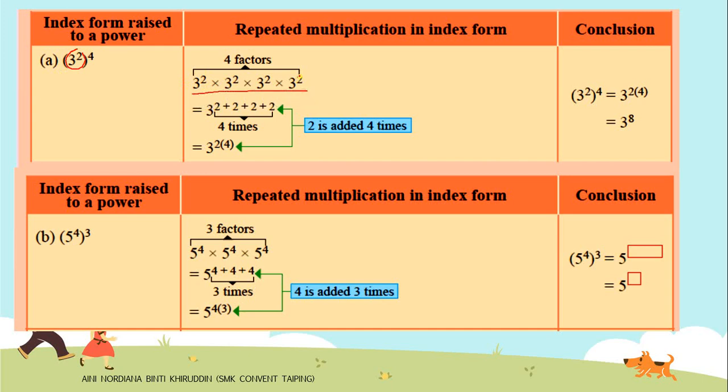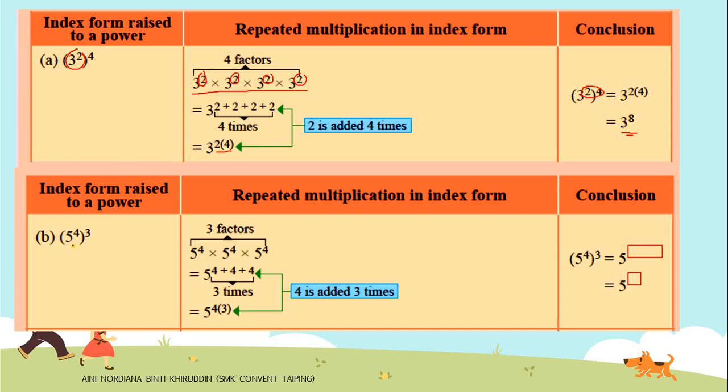Then, as you have learned from the previous video, for multiplication, you just add. So 2 plus 2 plus 2 plus 2 is equal to 2 times 4. So we can conclude that 3 squared to the power of 4 equals 3 to the power of 2 times 4, which equals 8.